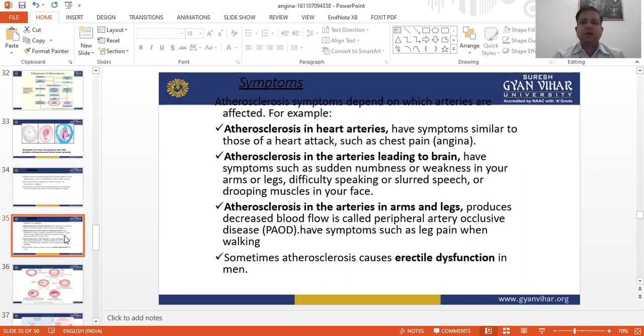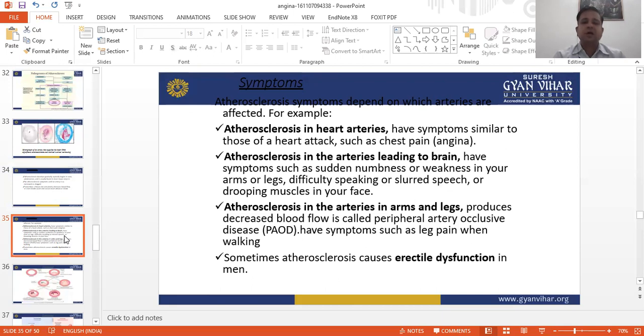Atherosclerosis in the arteries leading to the brain has symptoms such as sudden numbness or weakness in arms or legs, difficulty speaking or slurred speech, or drooping muscles in the face.